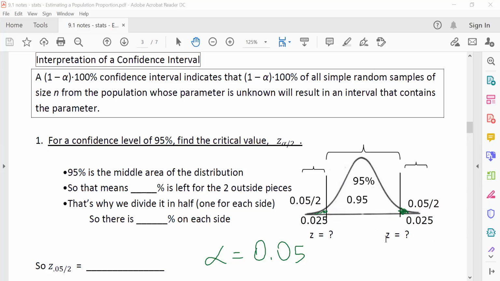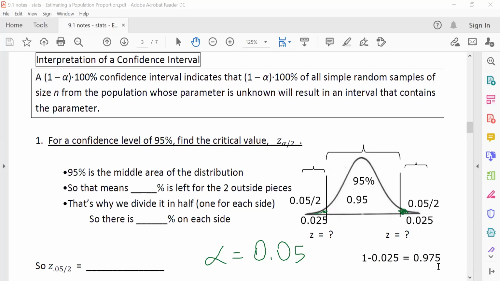And then to find the appropriate z-score, you need to look for a z-score on the chart that has 0.025 of the data to the right of it, which in turn means that 0.975 of the data is to the left of it.